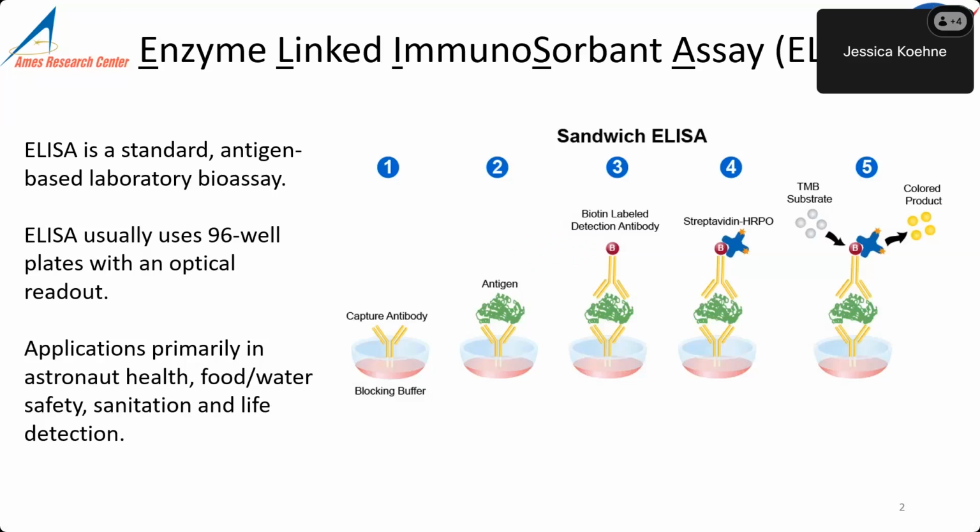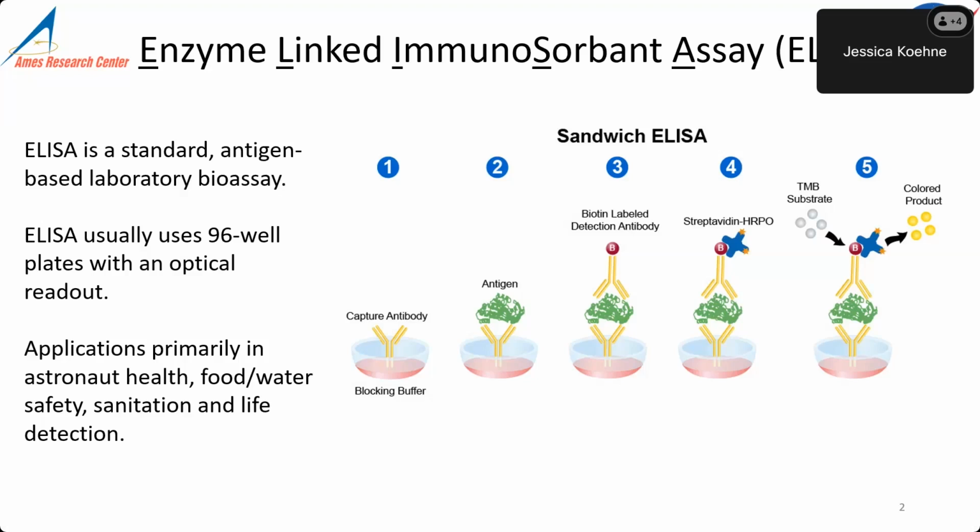Then you add a secondary antibody on top of that. On that secondary antibody, which we also call the detection antibody, you have an enzyme attached. That enzyme will then drive a reaction to a product that you can measure. The example that we've given here is a colored product. So this is oftentimes a colorimetric assay, but it can also be electrochemical.